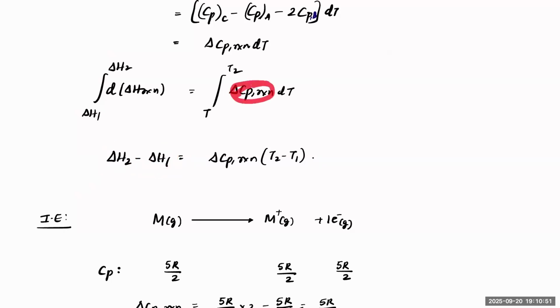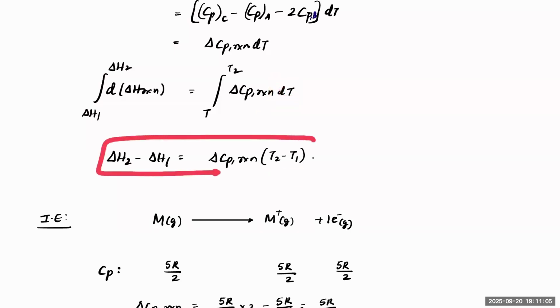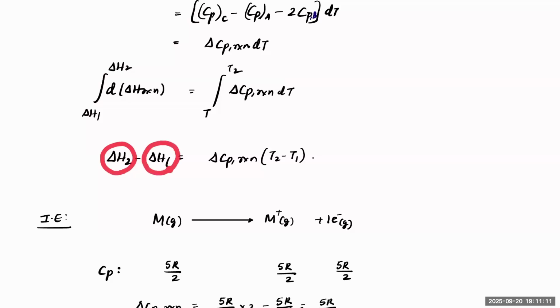Consider this delta Cp is constant and independent of temperature. Then I can write delta Cp outside and integrate dT, which gives T2 minus T1. This is how we got that value.